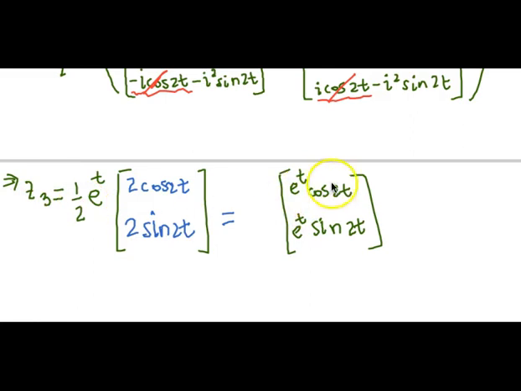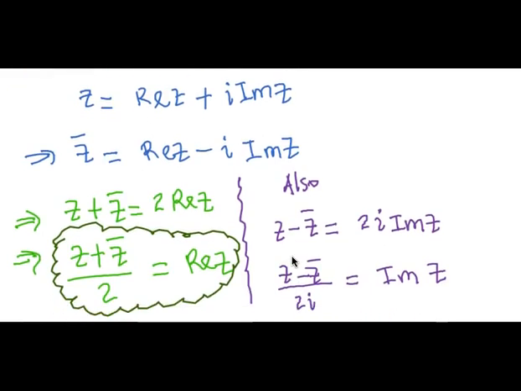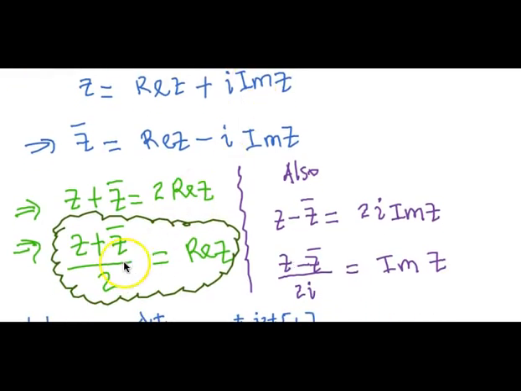So z3 has no imaginary parts. In fact, the first entry of z3 is e^t cosine 2t, and the second entry is e^t sine of 2t, but we see here that the imaginary parts have disappeared, and this is an implication of what we remarked first, in which we could, at a scalar level, represent the real part of the complex number by adding the number to its conjugate and then dividing by 2.